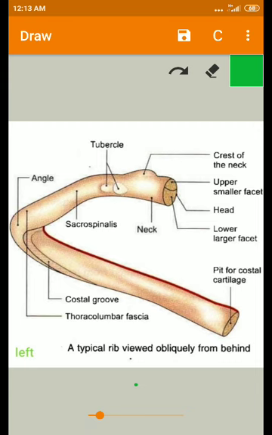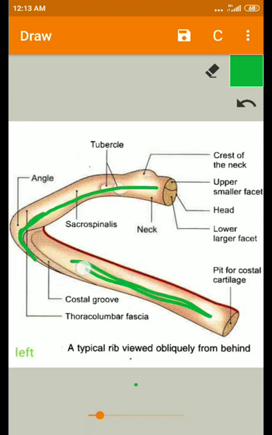It possesses two surfaces and two borders. The two surfaces are the external surface and the internal surface. You can see from the posterior aspect, this is the external surface, it ends here, and we can't see the internal surface on the posterior aspect, and also we can't see the external surface on the anterior aspect.